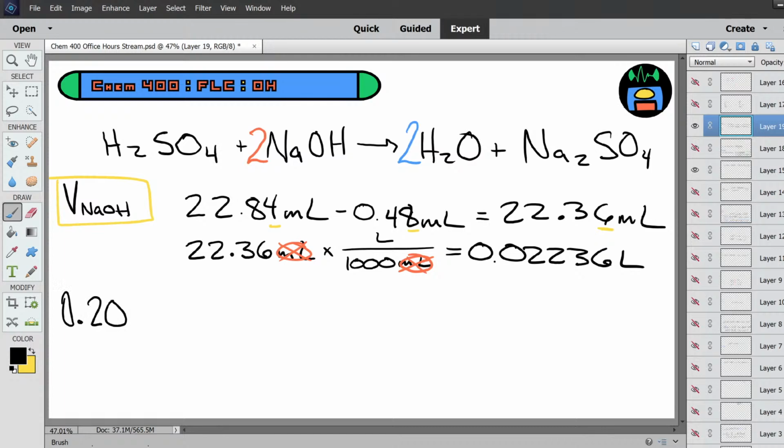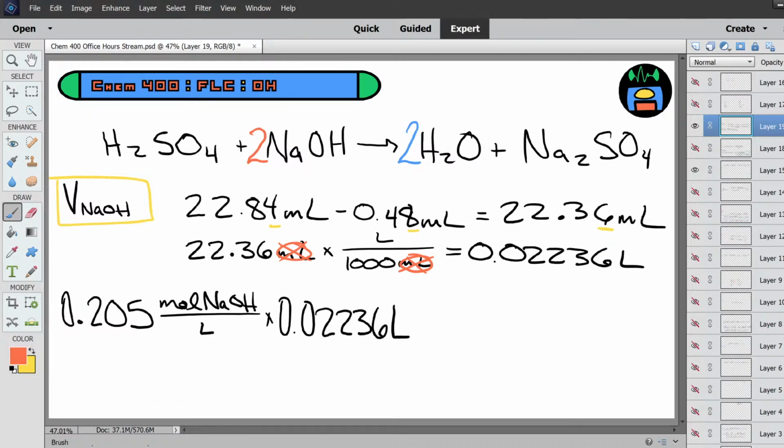Now, the reason why this is important is because we have our molarity of sodium hydroxide, 0.205, and this is moles of NaOH per liter. And we can multiply this by our volume in liters so that liters cancel out and we're left with moles of sodium hydroxide. Now, we're not ultimately interested in moles of sodium hydroxide.